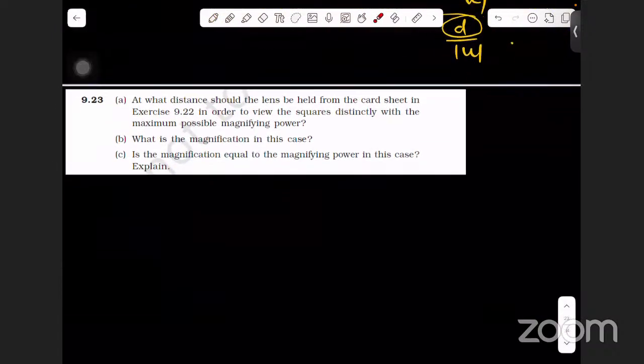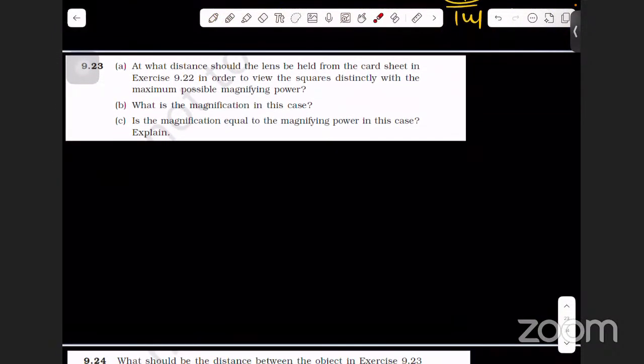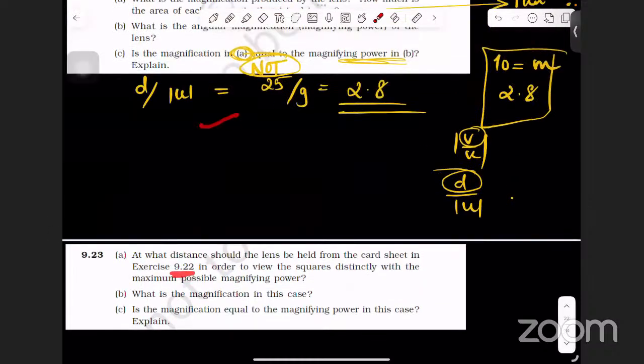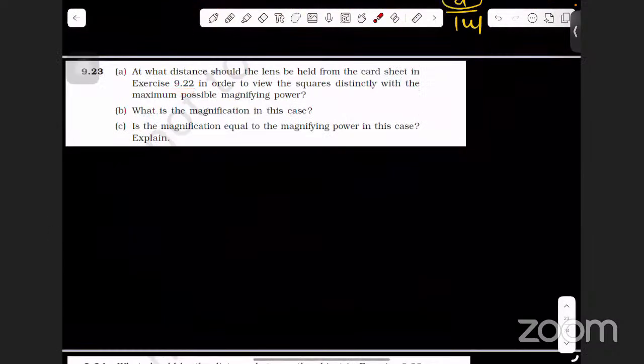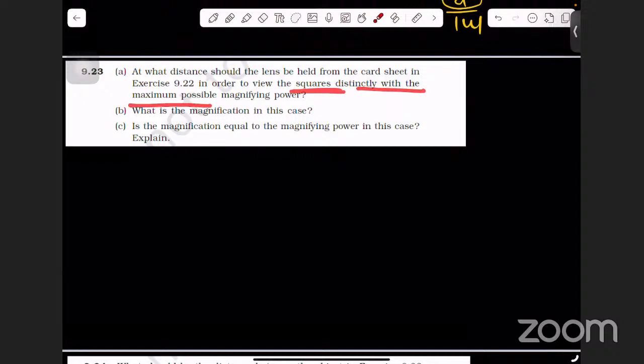Great. Next question. At what distance should the lens be held from the card in exercise 9.22 in the previous case in order to view the squares distinctly with the maximum possible magnifying power? That means it's indirectly asking that the image distance should be at 25 centimeters.